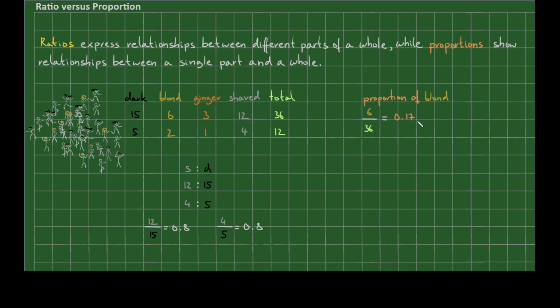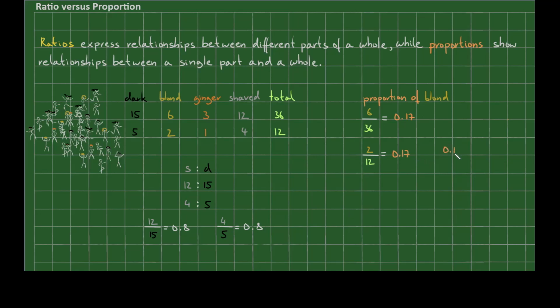We can perform the same calculation using the simplified ratio. So rather than saying 6/36, we could have 2/12. And unless I'm using my calculator incorrectly, this will also give us 0.17 when rounded to 2 decimal places. As I have said before, if we absolutely insisted, we could express the proportion as a percentage.